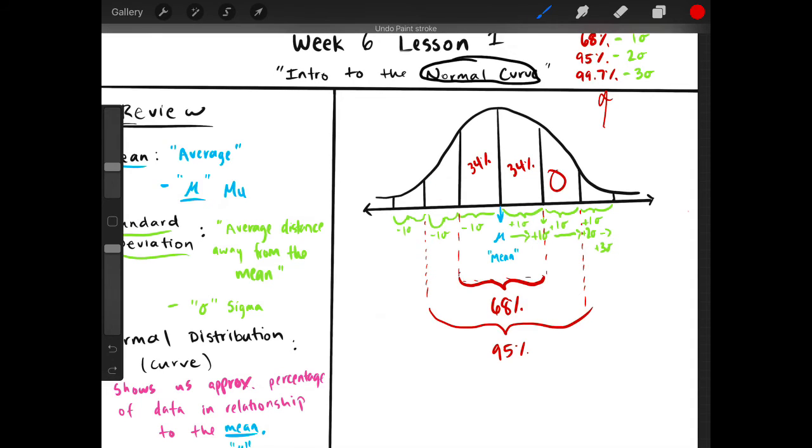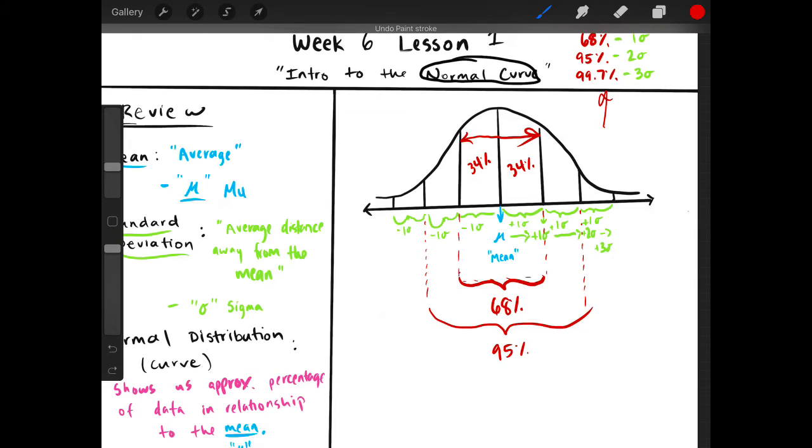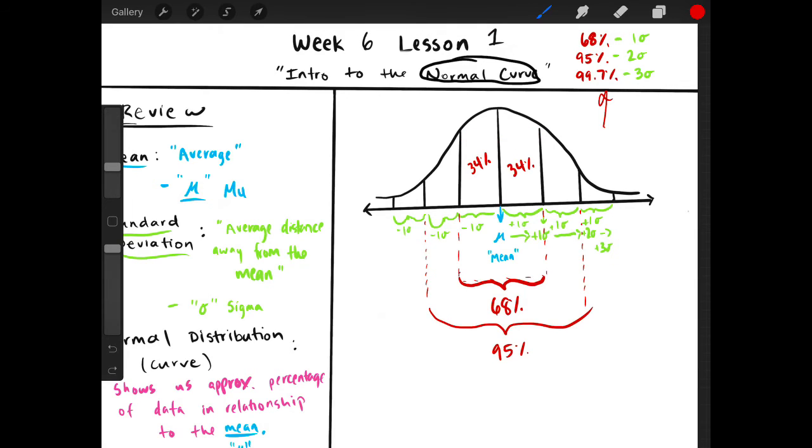The easiest way to do it: we already know that 68% of our data is within this first jump. So to find the second jump, we're just going to go 95 minus 68. Again, make sure you have a calculator ready. 95 minus 68 is 27.